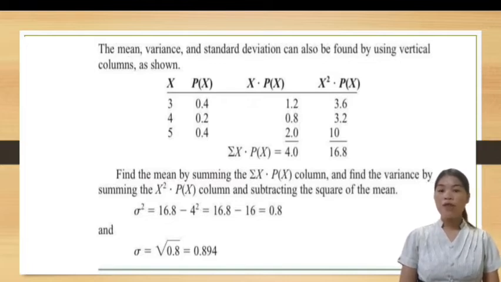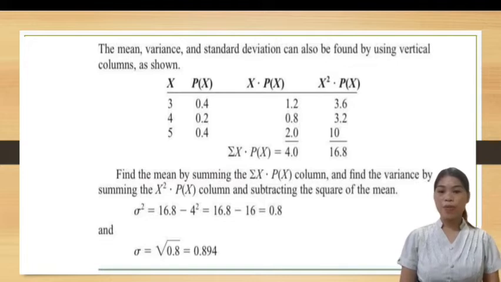So, to get the mean, we sum up the answers of x times p of x for each outcome. So, 1.2 plus 0.8 plus 2.0 is equal to 4.0. So, our mean is 4.0.